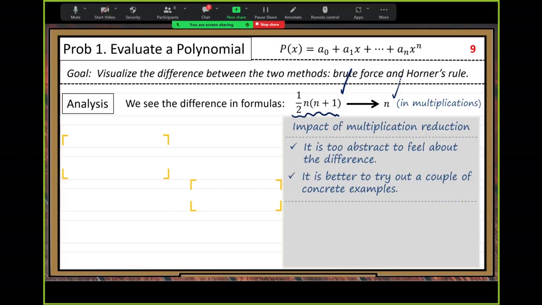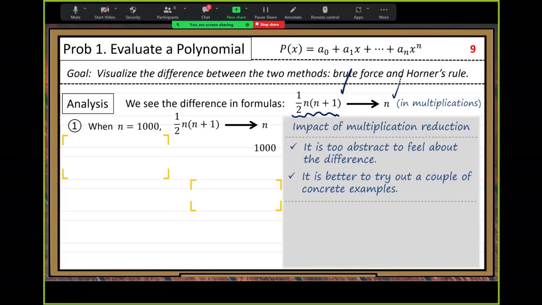The first experiment, let's look at n equals 1,000. This time we use a relatively large number, 1,000. When n is 1,000, let's compare the values of these 2 formulas.